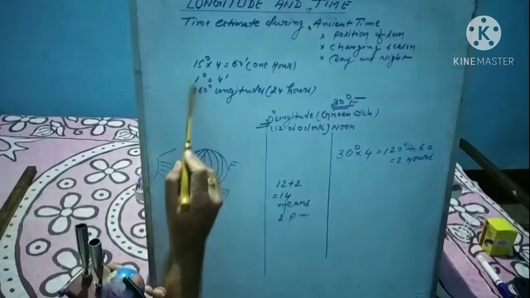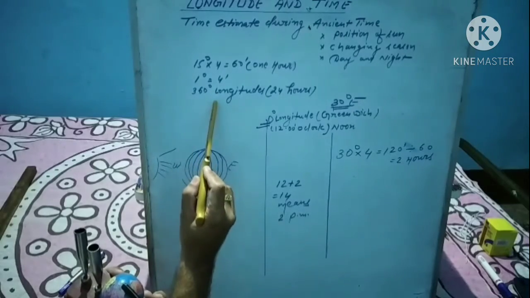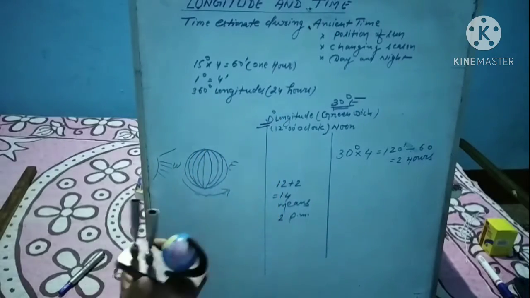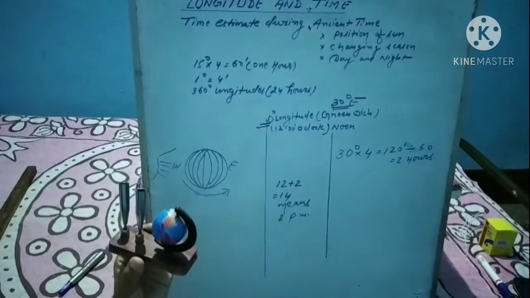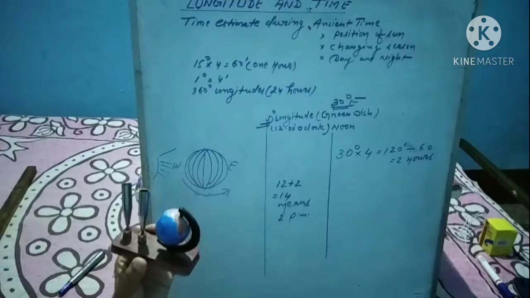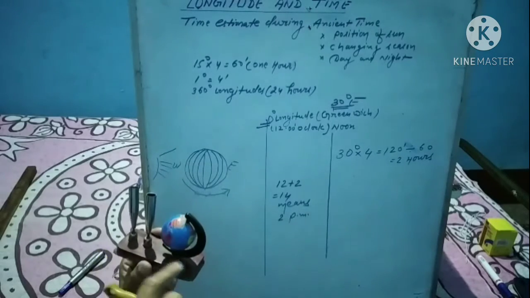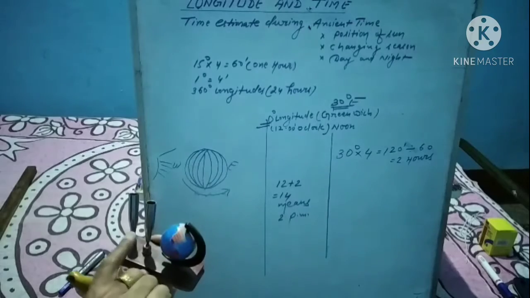And these 360 degree longitudes receive sunlight within 24 hours, because within 24 hours our earth completes one rotation. One rotation completed means sunrise and sunset take place within 24 hours.